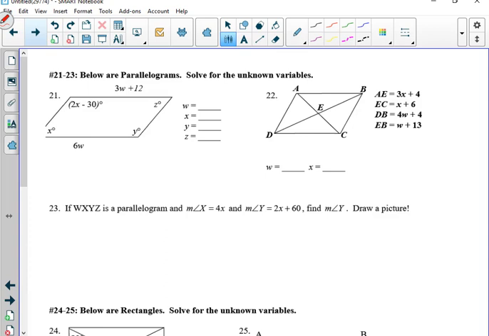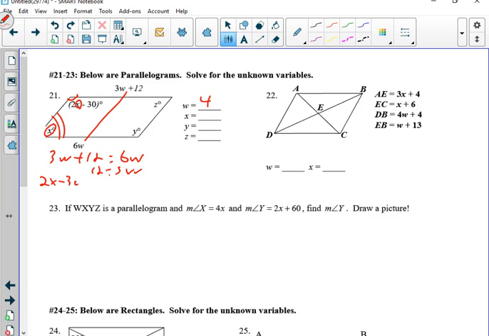So we know that 3w plus 12, these two are equal to each other. So if you subtract 3w, you get 3w equals 12. W is 4. Okay, this one's a sneaky one, but notice you have an x here and an x there, and you notice that those are consecutive, which means they're supplementary.